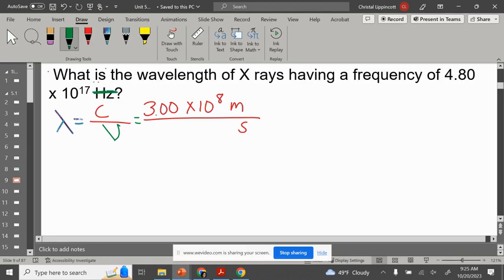So if you think of this as 1 over seconds, that's going to work out better for canceling your units because they equal each other. All right, and I'm just going to plug that value in here. So 4.80 times 10 to the 17th. Oh, there we go. It's 1 over seconds, though.